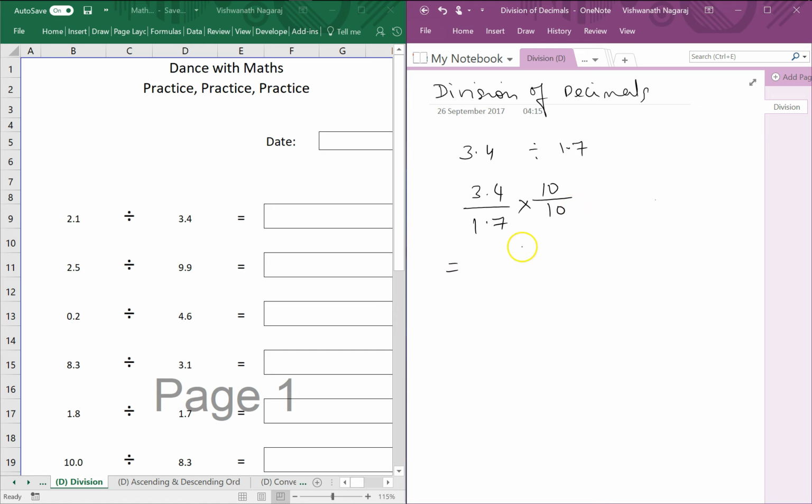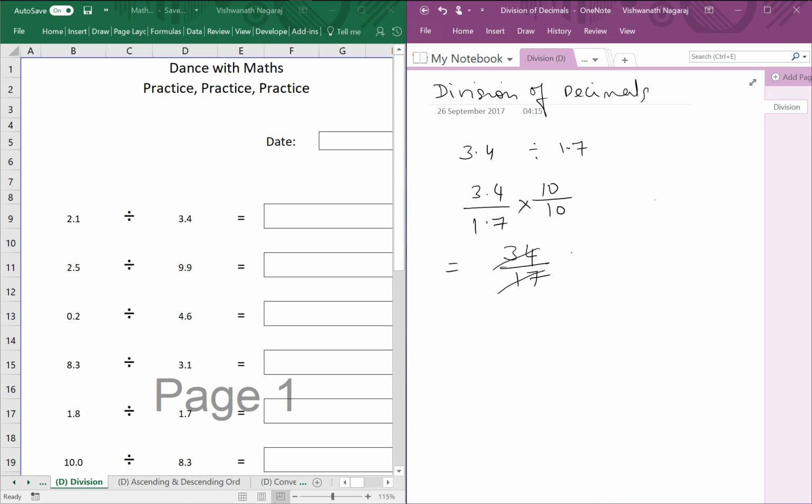When we multiply a decimal number by 10, the decimal point shifts to the right by 1. If you multiply it by 100, it shifts to the right by 2, and so on. Now our division has become a normal division without any decimal points.